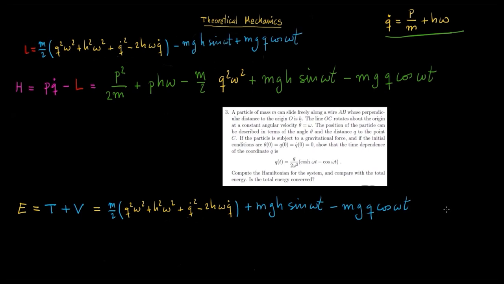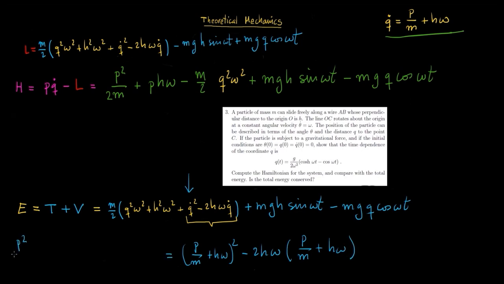Okay, in order to compare the energy with the Hamiltonian, we need to substitute q dot as a function of p. But as we know, q dot is this expression, and minus 2h omega q dot. But q dot is also p over m plus h omega.